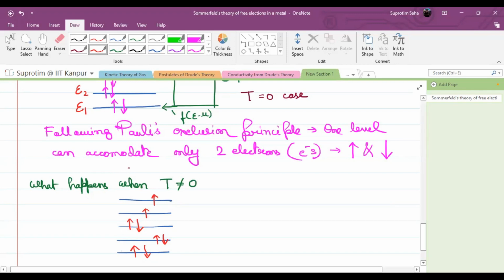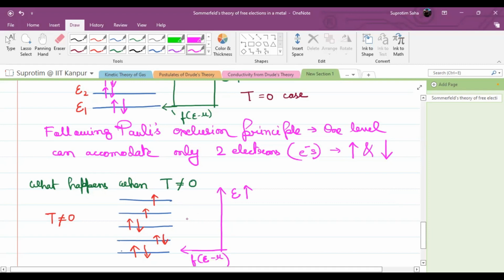So in that case, this is your T not equal to 0. If you draw the graph side by side, if this is your distribution, this is epsilon, and this is your y-axis, which is called the Fermi epsilon minus mu.